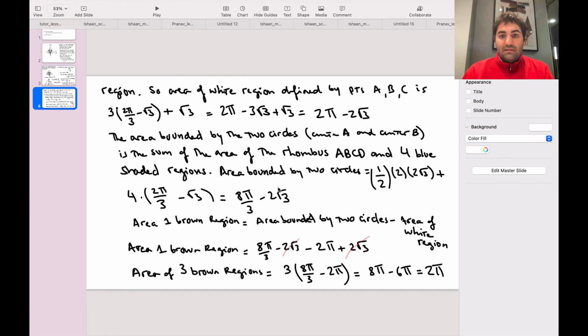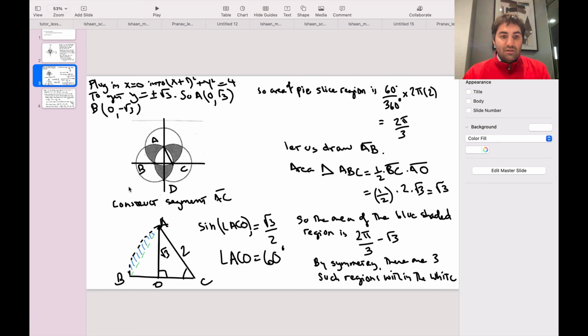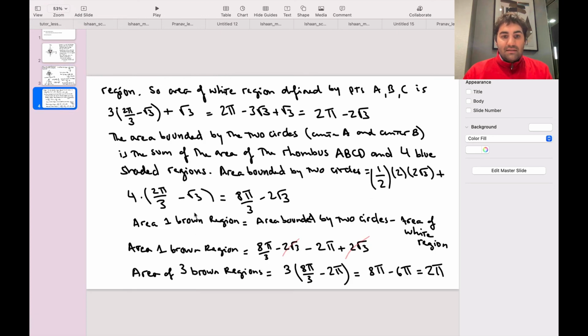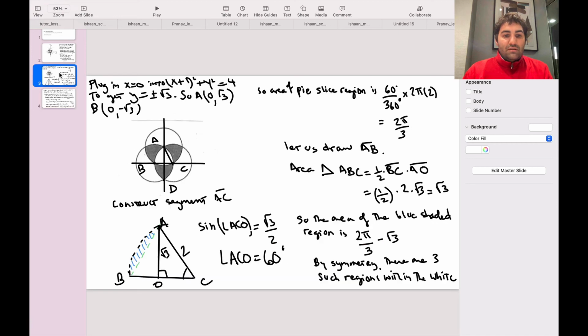So if we plug that in, we get 1/2 times 2 times 2 root 3 plus 4 times the area of the blue shaded region. So we do this 4 different times, and we get 8 pi over 3 minus 2 pi minus 2 times root 3.